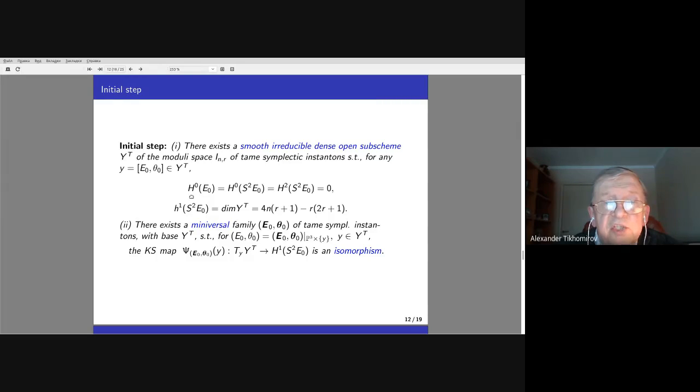For example, vanishing of H0 of a symplectic instanton is enough to check on direct sums of usual rank 2 instantons. So usual rank 2 instantons are just a very good example of tame symplectic instantons.